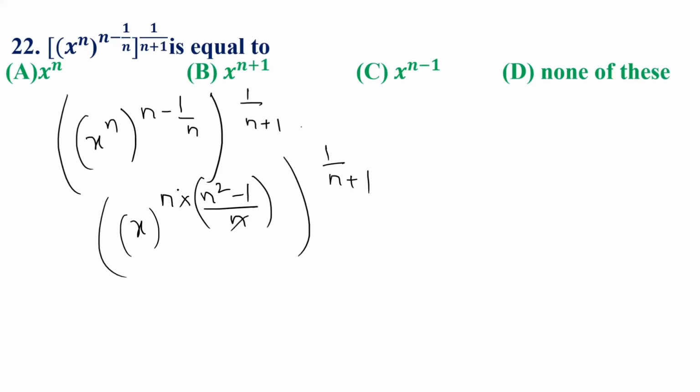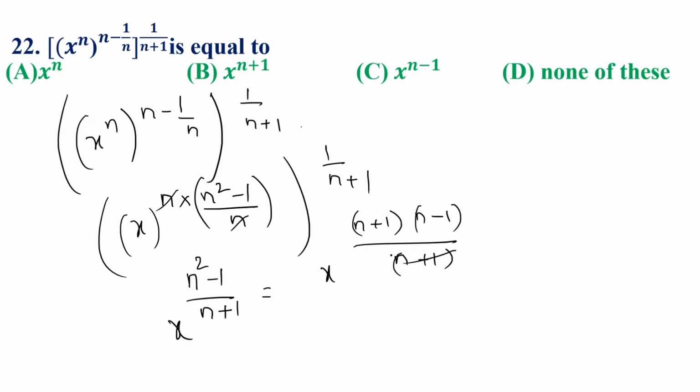This n will be cancelled. So x to the power of n square minus 1 by n plus 1. And this is equal to x to the power of n plus 1 into n minus 1 by n plus 1. n plus 1 will be cancelled. So x to the power of n minus 1 is the answer.